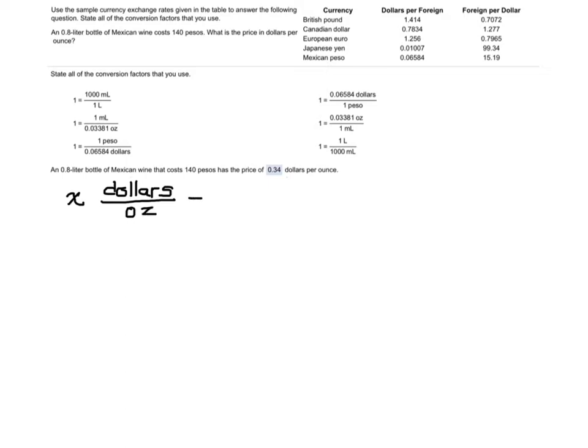And given the fact that the following is true, this ratio should be the same as the 0.8 liter bottle of Mexican wine for 140 pesos. So that is 140 pesos for 0.8 liters of wine.